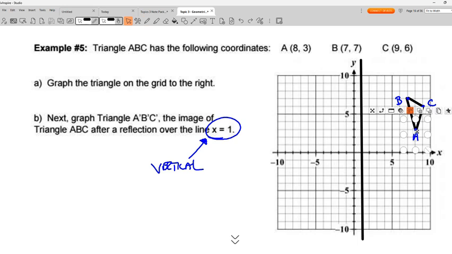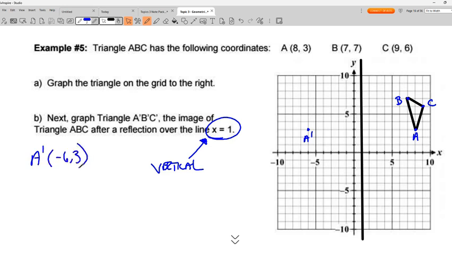So if we start here, 1, 2, 3, 4, 5, 6, 7 units to the right is point A. So we're going to have to go 7 units to the left of that line to get the image of A prime. 1, 2, 3, 4, 5, 6, 7. Right here is where A prime is going to be located, and that's at the coordinates (-6, 3). A prime is at (-6, 3).